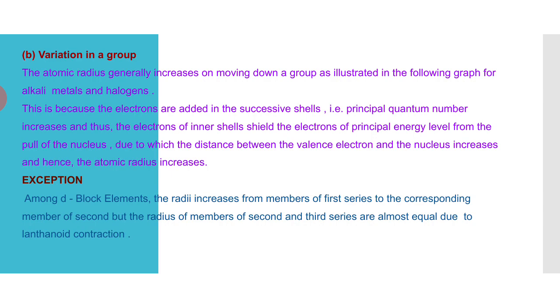Exception: among d block elements, the radii increase from members of the first series to the corresponding member of the second, but the radii of members of the second and third series are almost equal due to lanthanide contraction.